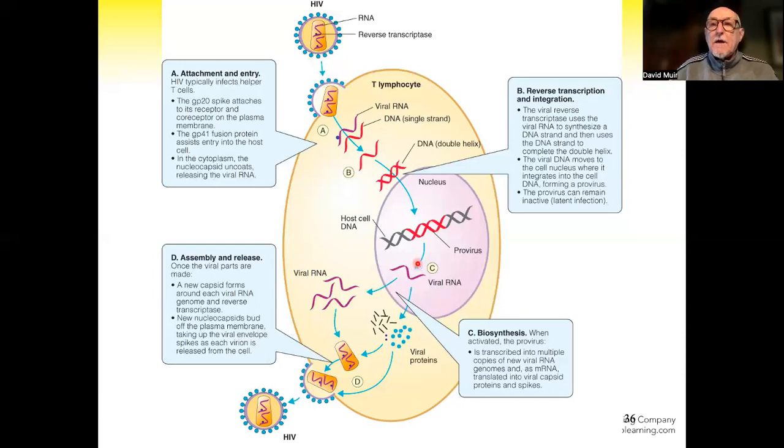The real miracle in treatment of HIV comes all the way down here. When the viral proteins are produced, they are produced as a single long strand of polypeptide, which is then cut up into pieces by a set of enzymes called the proteases.